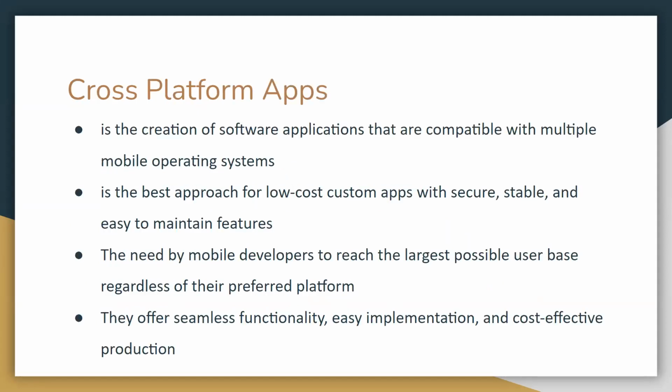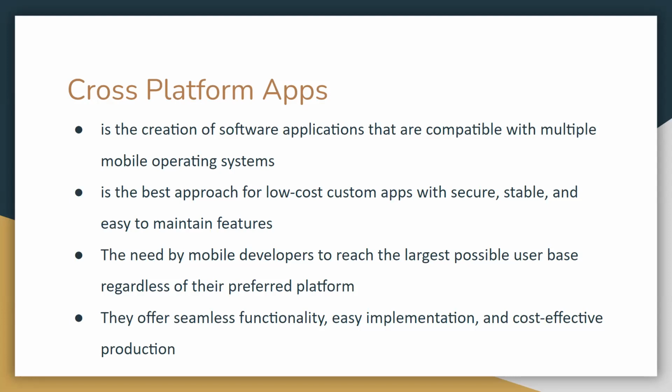Another type of mobile application is cross-platform apps. This is the creation of software applications that are compatible with multiple mobile operating systems, and is the best approach for low-cost custom apps with secure, stable, and easy to maintain features.